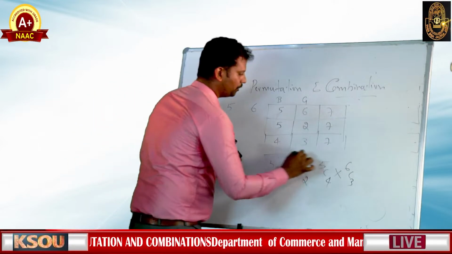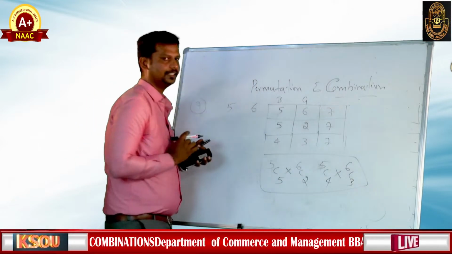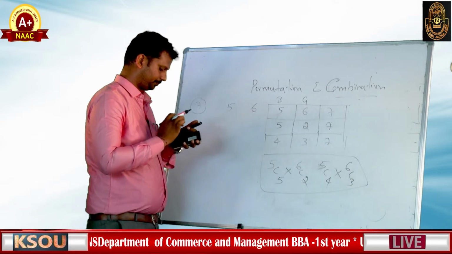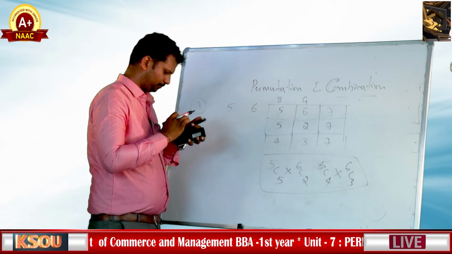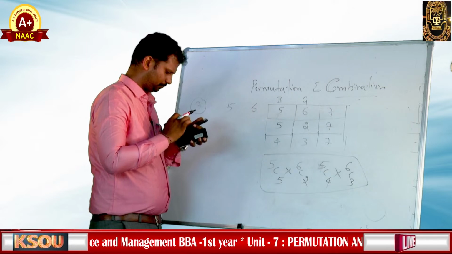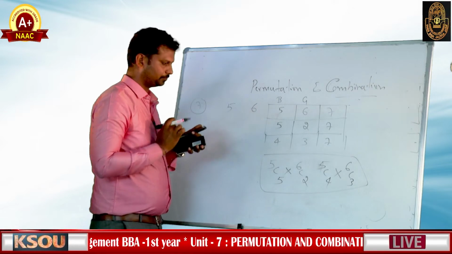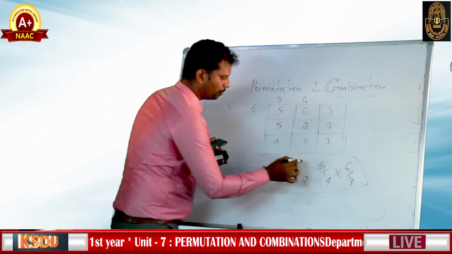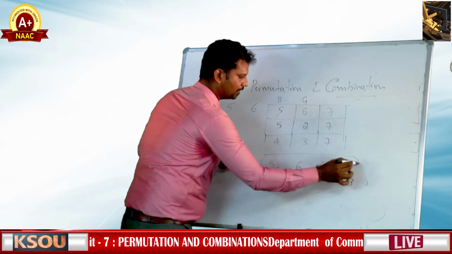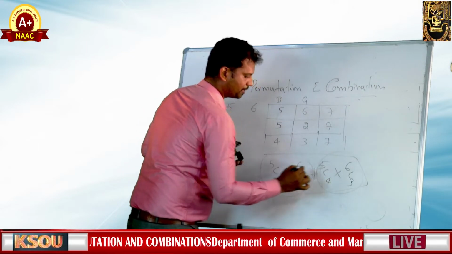This is how you select the numbers. Clear? So this is one possibility, and this is another possibility. Should be plus.